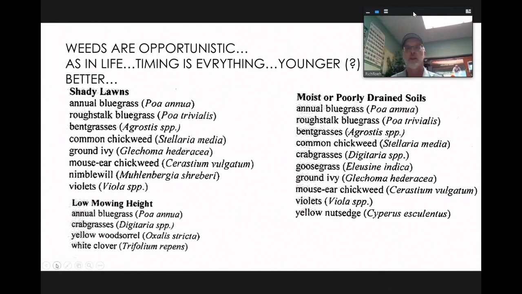The one thing you need to know about weed control in turf is the weeds are opportunistic. They will seize any opportunity they are given, and those opportunities present themselves as bare spots, places where the turf grass is thinnest, places where you've had some irrigation issues perhaps, or some insect pressure.